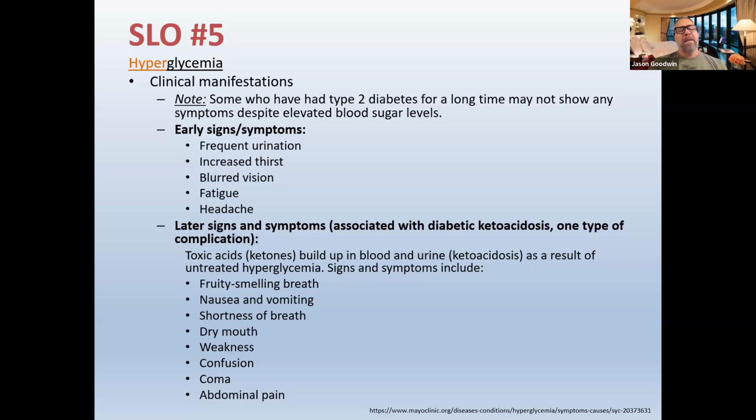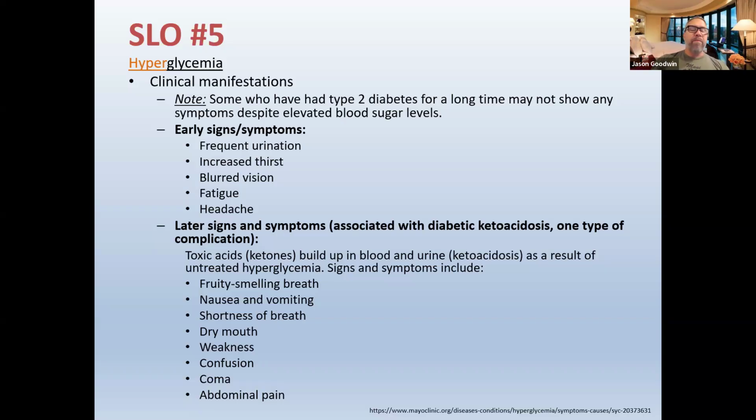Early signs are polyuria, polydipsia, and polyphagia, blurred vision, fatigue, and headaches. The later symptoms are more associated with a more severe situation like diabetic ketoacidosis, with blood glucose levels higher than 200 to 300, and that can become a much more serious situation.